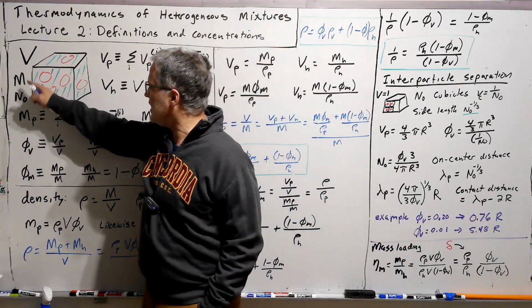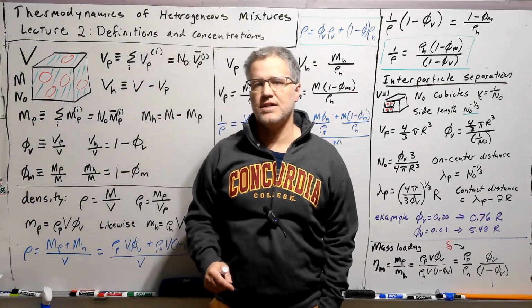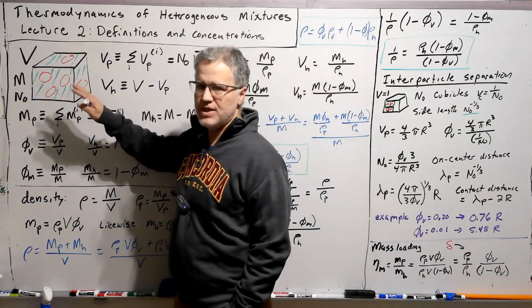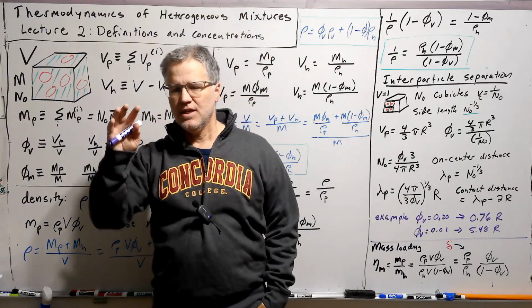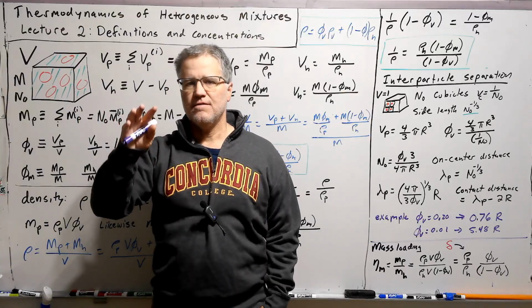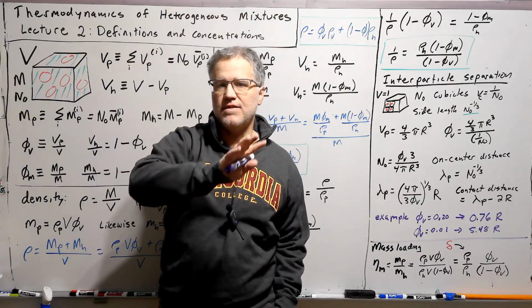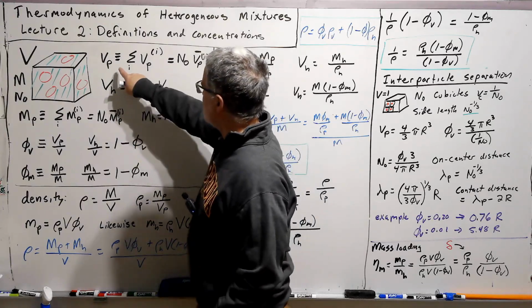We have a total volume V, a total mass M, and a total number of particles N naught. Much of this is going back and forth between the thermodynamic properties of the overall system and those of the individual pieces. And so we need definitions of the individual pieces.